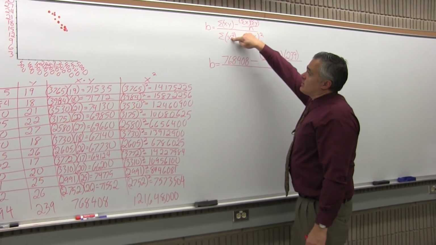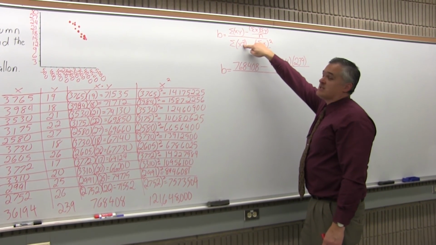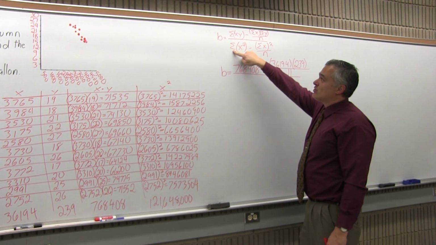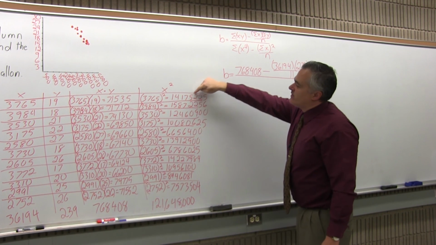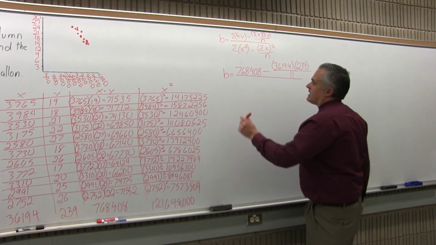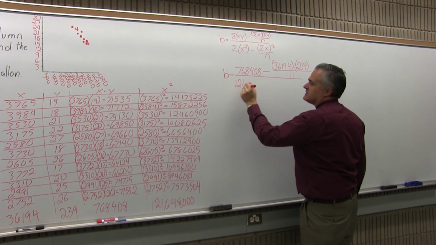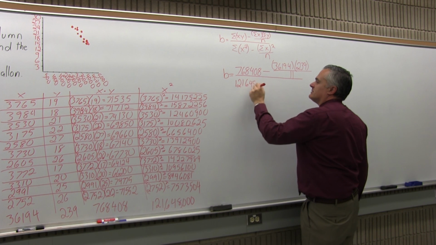Then in the denominator, total of the x squares, where the second power is inside the parentheses. You do the second power first, then do the total afterwards. So where we've done the second powers first, then we got the total. The total is that 121 million number, 121,648,000.